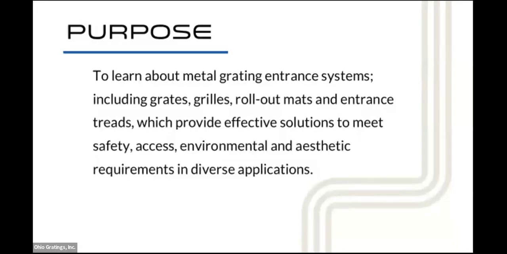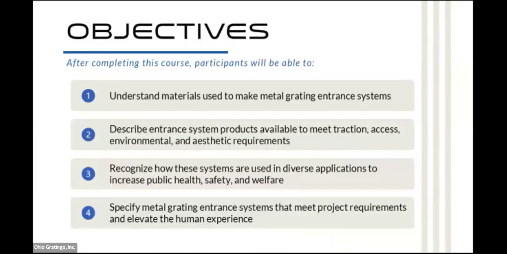So the purpose of today's webinar, we're going to learn about metal grating entrance systems. That'll include grates, grills, rollout mats, and entrance treads, which provide effective solutions to meet safety, access, environmental, and aesthetic requirements in diverse applications. Some of the objectives, after completing this course, you should be able to understand materials that are used to make metal grating entrance systems.